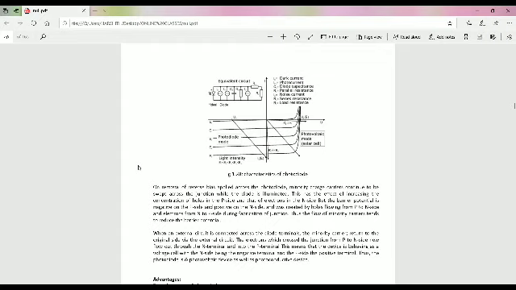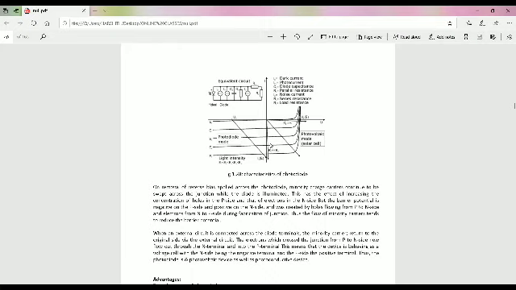It is denoted as I lambda. It is purely due to thermally generated minority carriers.